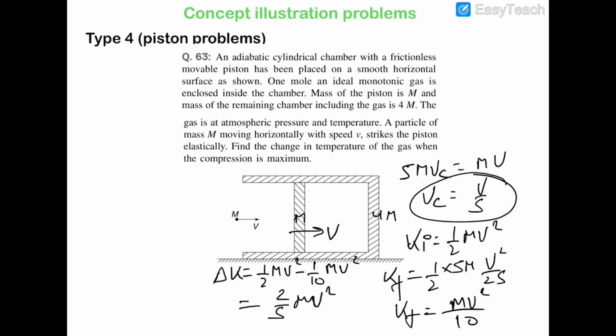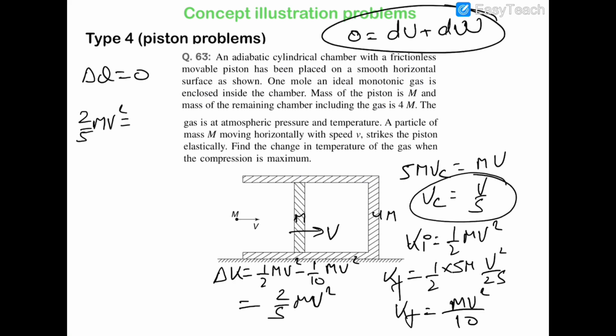Now you can imagine that heat exchanged will be 0 because this is an adiabatic cylinder, and the change in kinetic energy, which is 2 by 5 mv square, will be utilized as the work done in compressing the gas, and work done will be equal to the negative of the change in internal energy, because dQ is 0.